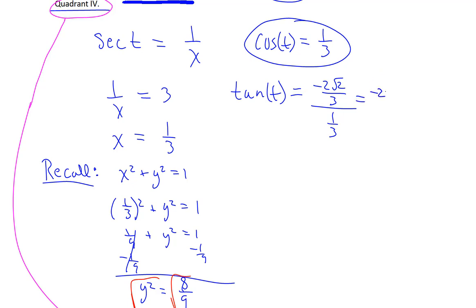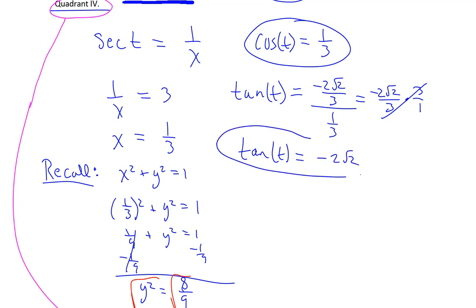This is really negative 2 root 2 over 3 times 3 over 1. That's the reciprocal of that denominator getting flipped over to multiply by it. And then notice those 3's will cancel. So really the tangent of t is negative 2 root 2. There's one. So we have sine, cosine, tangent.